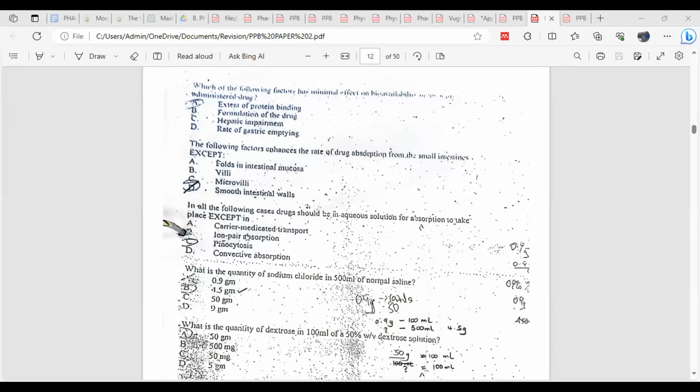So ion pair between the drug and an endogenous counter ion resulting in an electrically neutral and potentially more lipophilic species is a proposed mechanism to explain the absorption of ionic drugs. Unless somebody has a contrary opinion, naona tunaweza endelea.